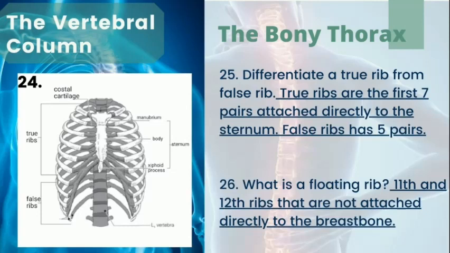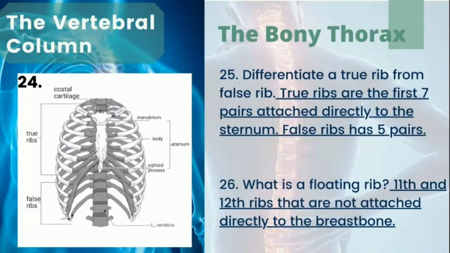Next is the body, and lastly the xiphoid process. Number 25, differentiate a true rib from a false rib. So true ribs are the first 7 pairs attached directly to the sternum. False ribs has 5 pairs. So number 26, what is a floating rib?